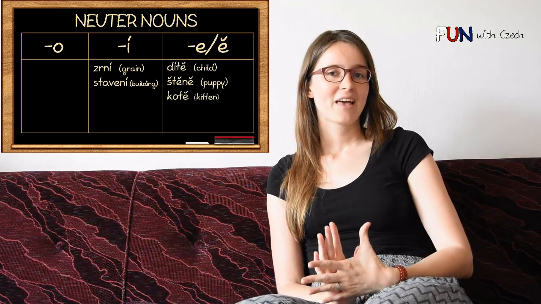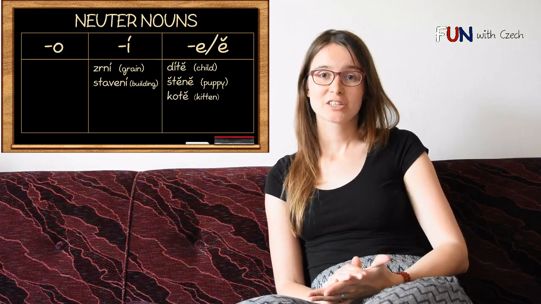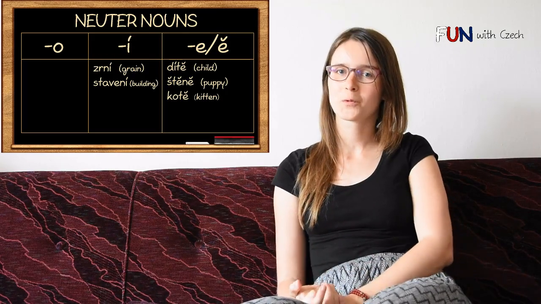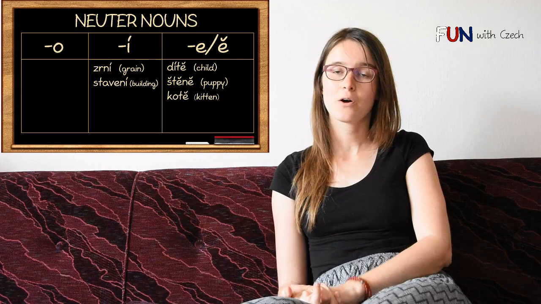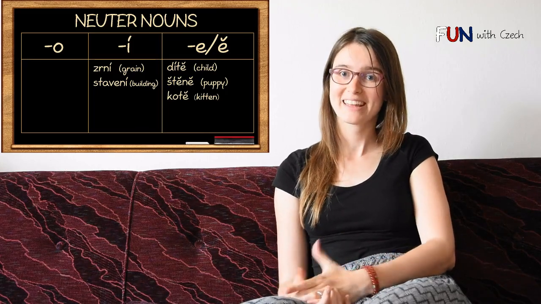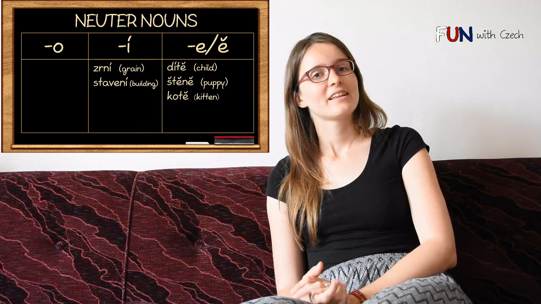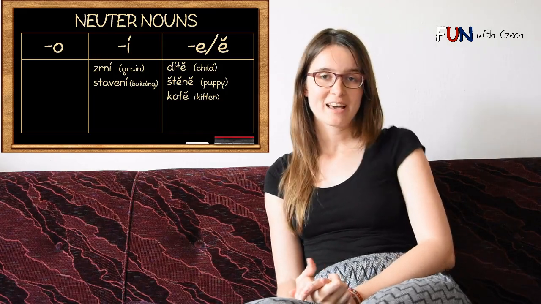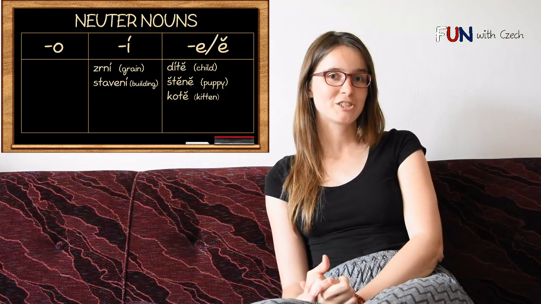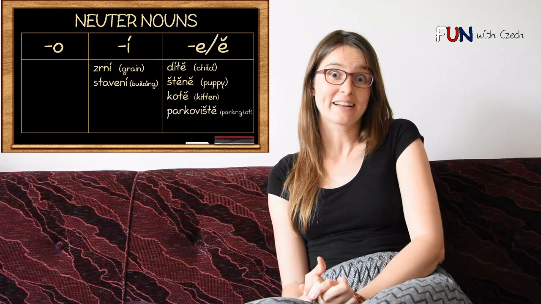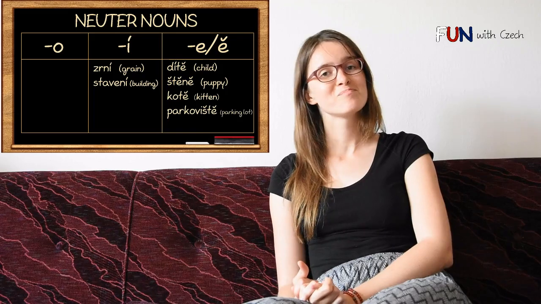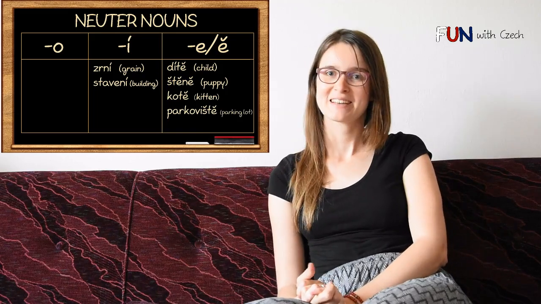So e s háčkem is very useful for these things, and then there are a couple of more words which end with e s háčkem, and they are also neuter, like parkoviště, parking lot, or moře, which is the sea.